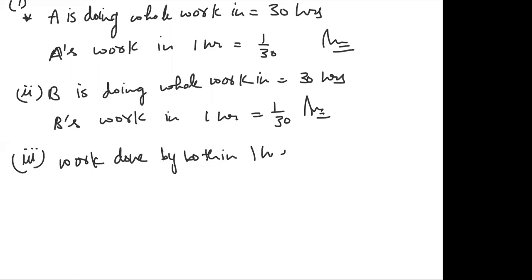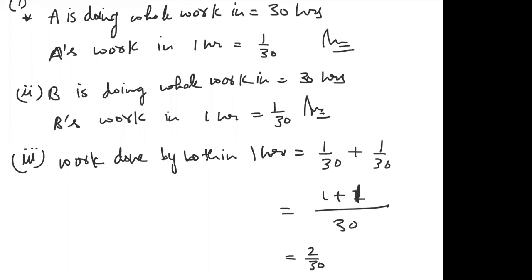So work done by both in 1 hour is equal to work done by A plus work done by B. So 1 plus 1, you will get 2 upon 30, which means 1 upon 15.